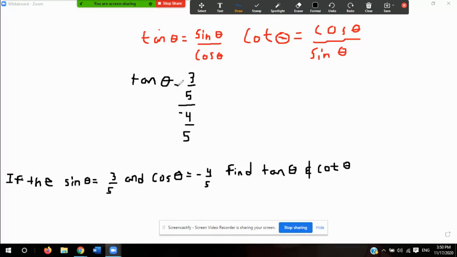Now, remember that whenever you divide fractions, you're multiplying by the reciprocal. So this is actually going to turn into 3/5, which is the first fraction, multiplied by the reciprocal, which is negative 5/4.